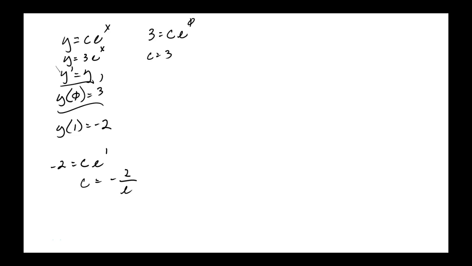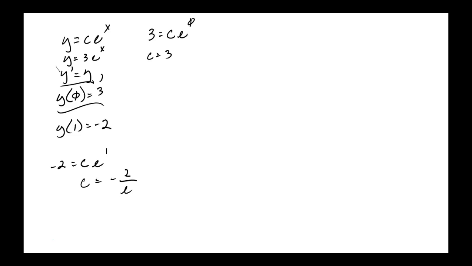This is the first one. What was that answer? There it is. Y is equal to 3c to the x. When x equals 0, y is equal to 3 because e to the 0 is 1. Okay? So that would be the blue one up there. If you want this one that has this point here on it, 1, negative 2, it's got to be a negative value.